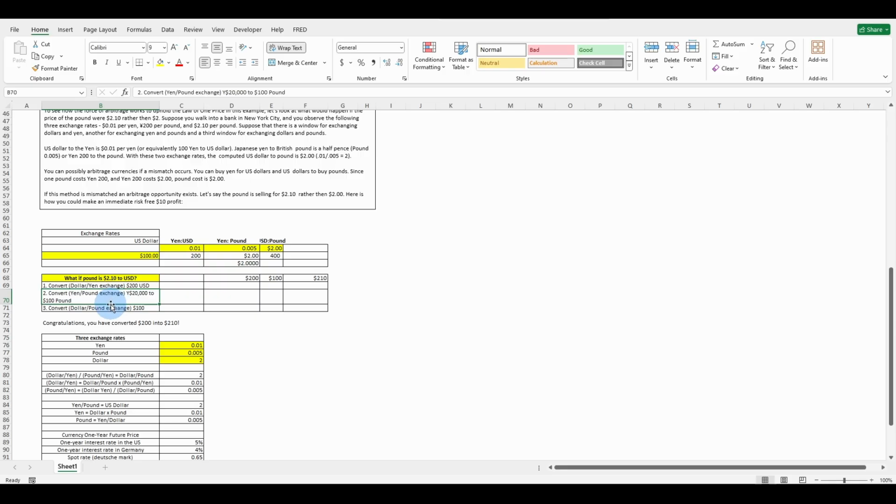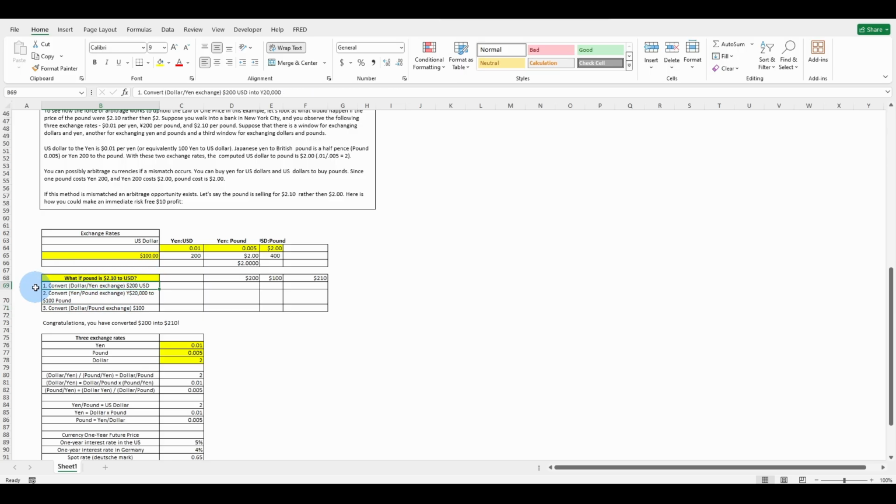Then at the third, the dollar-pound window, remember that 100 pounds was worth $2 each? Now we're going to take those 100 pounds and convert them into 210 US dollars, because a pound is $2.10.